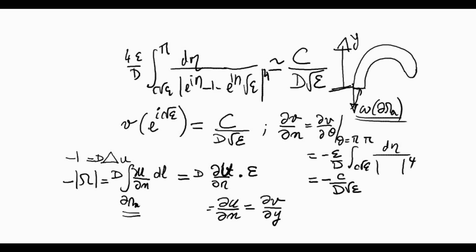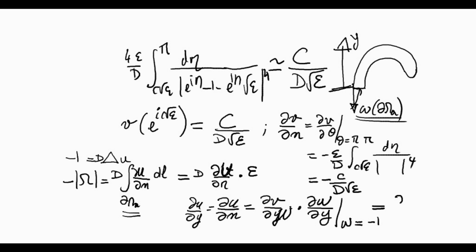This was in the y direction, and this can be written as, so du dy is actually dv dw multiplied by dw dy, and this has to be taken at the point w equals -1.